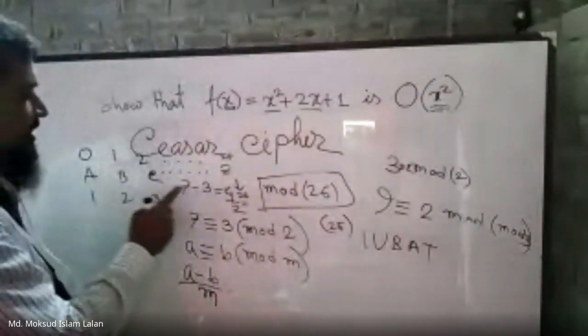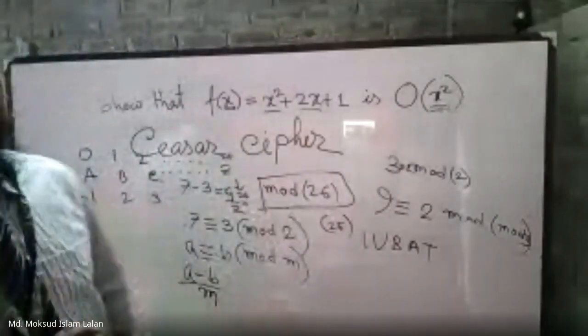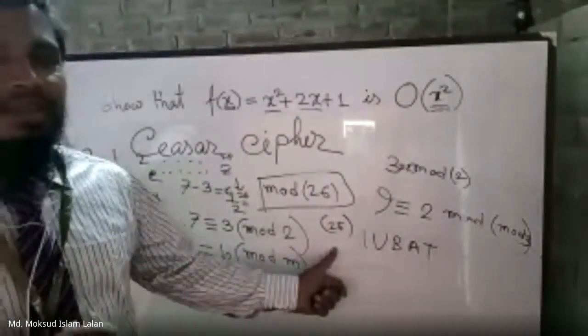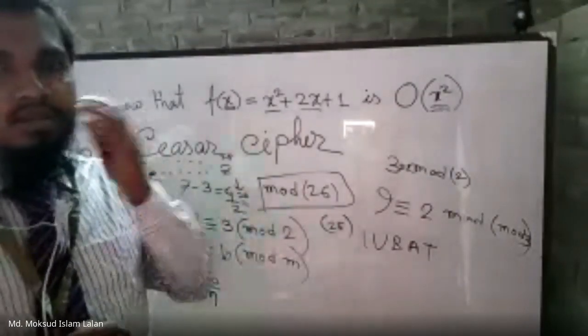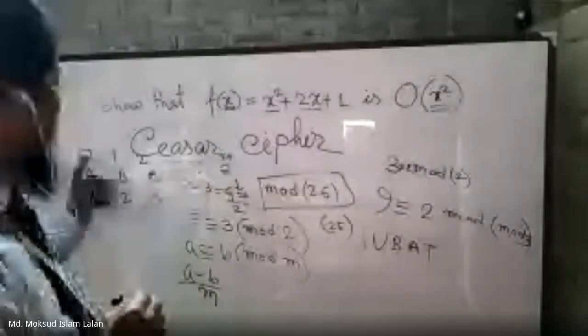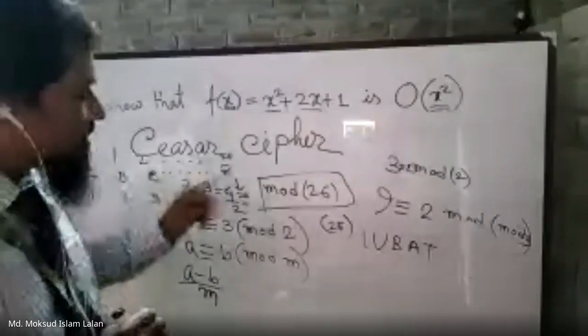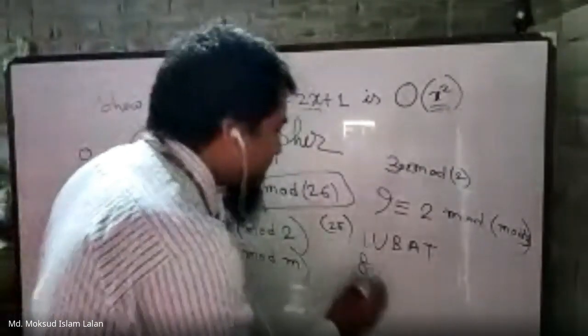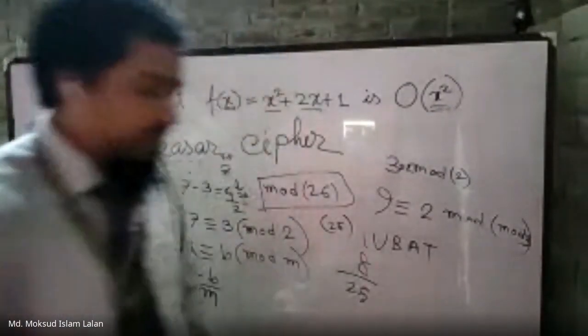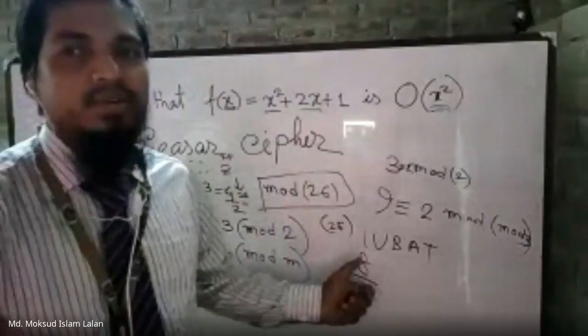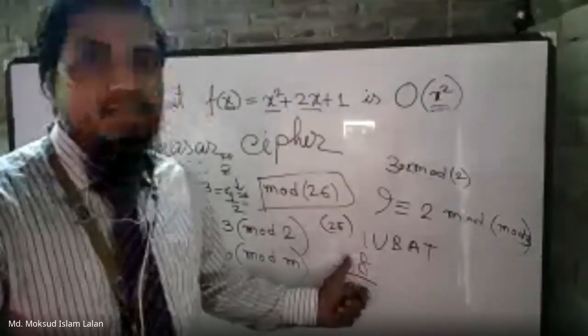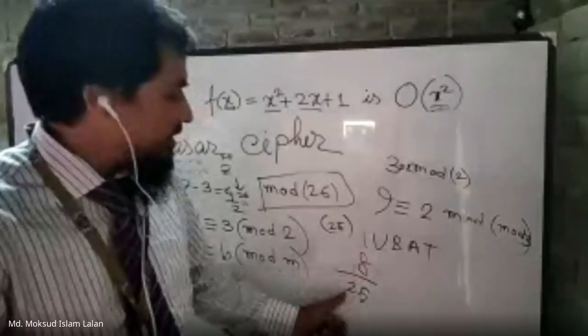A, B, C, D, E, F, G, H, I. What will be the numeric of I? Sir, 9. So which one are you considering, start from 0 or 1? Sir, starting from 0 it is 8. Okay, if we start from 0 it is 8. Now if you divide 8 by 25, what will be the remainder? 8. Our time is running out. Do you understand this point?